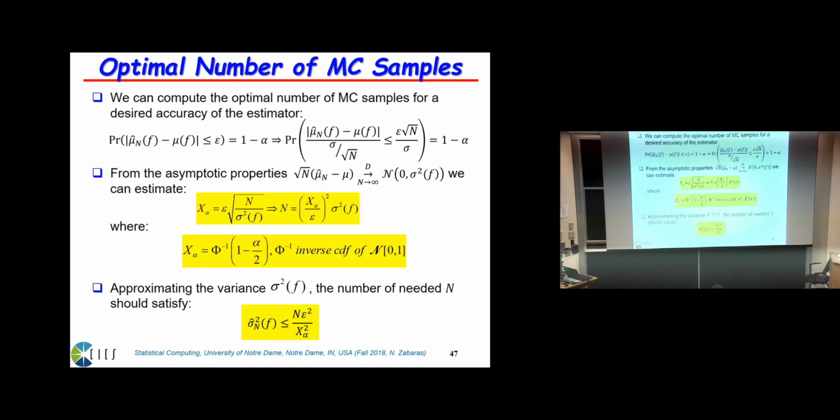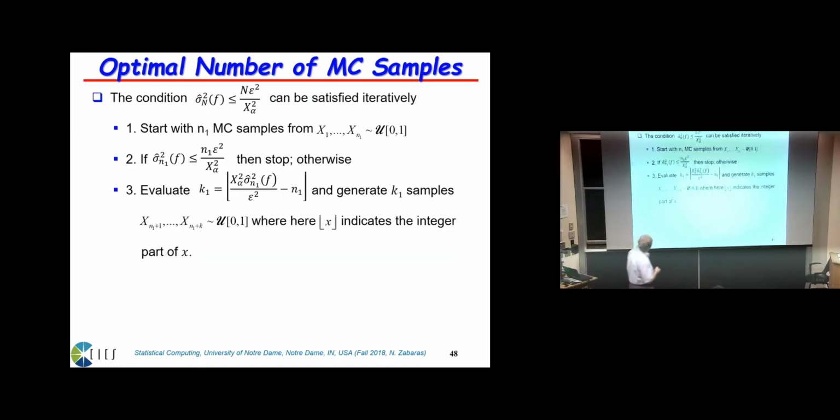Again, it will converge basically in two steps here. I give you a whole algorithm, right? Let's say you do n1 tests, you check if this is satisfied. If yes, then you stop. You say I only need n1 samples. If not, you form the difference and you see how many extra samples you may need. Then you repeat this for k extra samples. You check if this is satisfied. If not, you iterate. Okay?